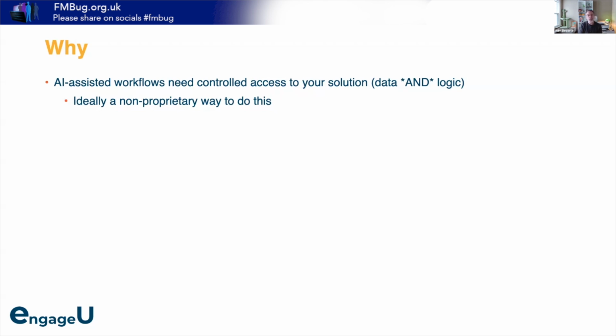So any system that you want to hook into that AI workflow that you're building. Ideally, we want to have a way that isn't tied to the provider, but a way that is non-proprietary, that just works, that is generic, that is the standard.